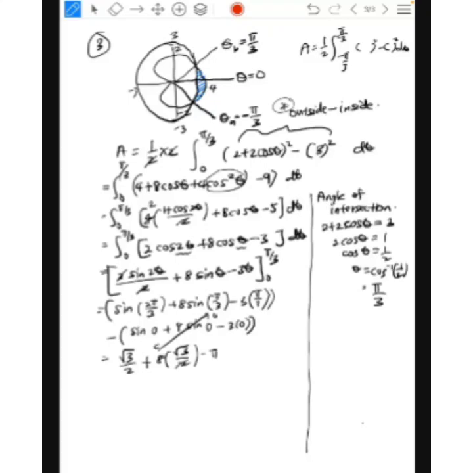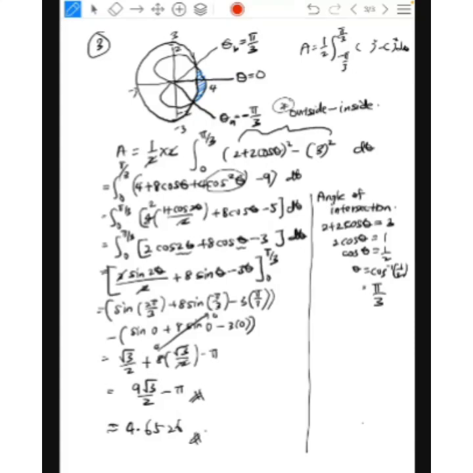So we have 9 square root 3 over 2 minus 1, or you can write it in decimal numbers, so you have 4.6526, for example.